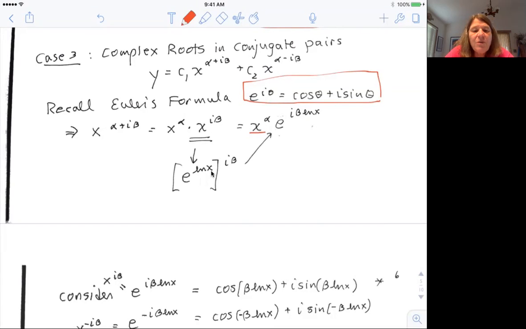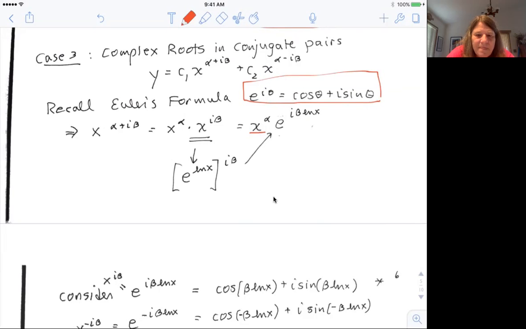Somebody on mic tell me what's going to happen with e to the log x. Anybody? They cancel out. Yeah, they undo each other. Exactly, they undo each other. So I could write x to the i beta as e to the log x, to the i beta. So I'm going to write x to the alpha times e to the log x to the i beta, which is the same as x to the i beta.